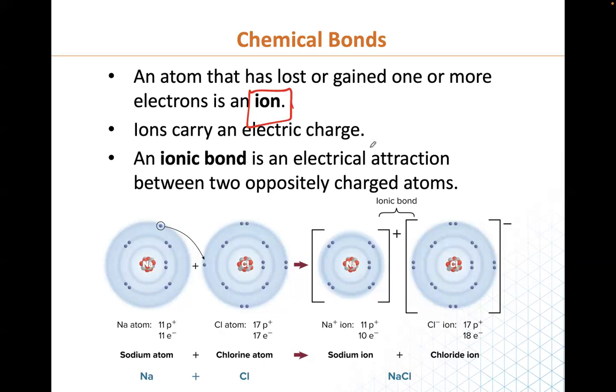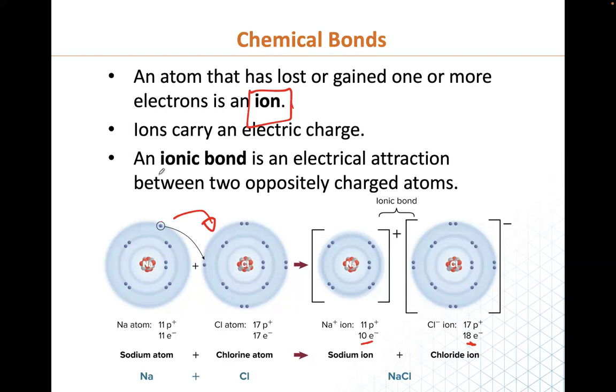The ionic bond is an electrical attraction between two oppositely charged atoms, for example, sodium and chlorine. Sodium has got one valence electron, one electron in the outermost shell, and chlorine has got 17 electrons, so sodium is going to transfer one, and chlorine becomes 18 electrons, but 17 protons. Sodium will have 10 electrons, and chlorine will have 18 electrons because it received one electron from the other one.